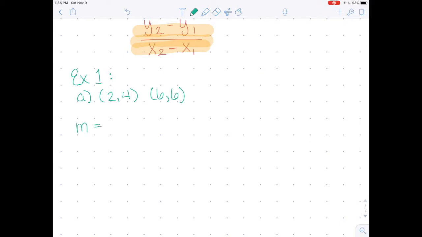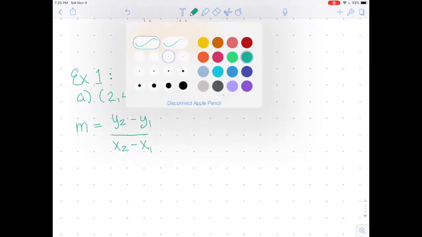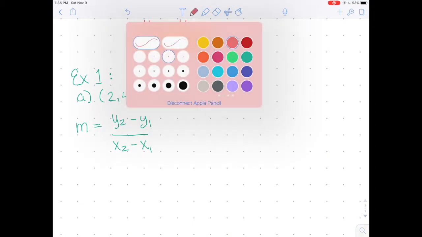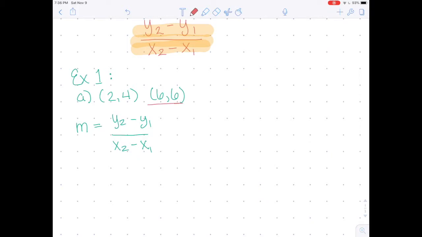M equals y2 minus y1 over x2 minus x1. So I'm going to go ahead and pick this (6, 6) to be point 2 and (2, 4) to be point 1.